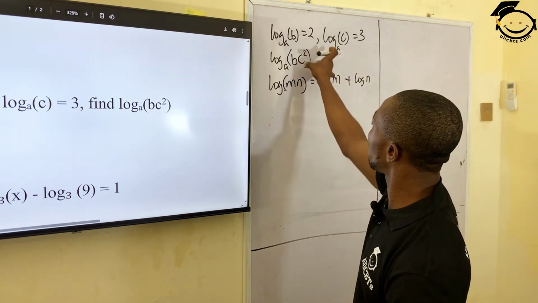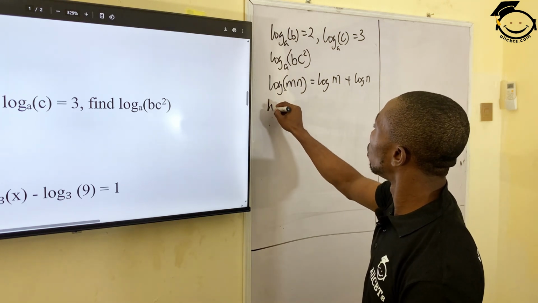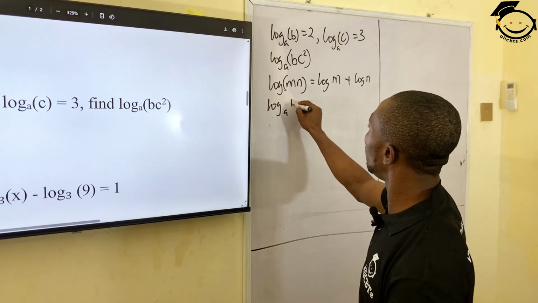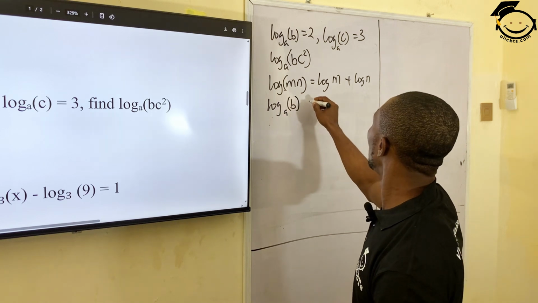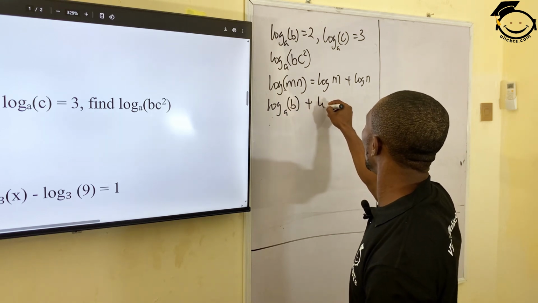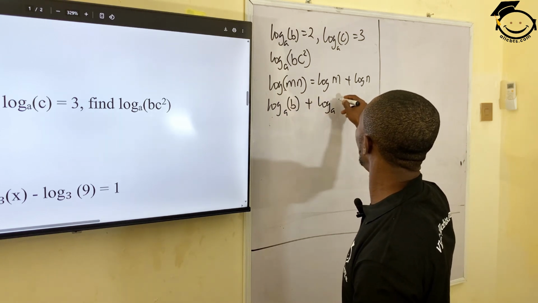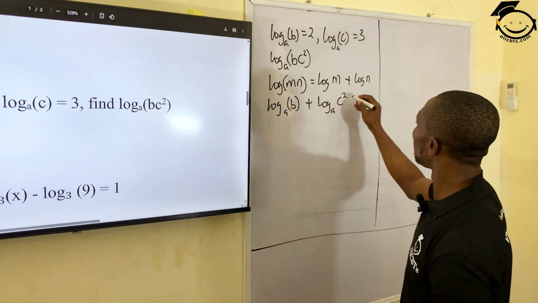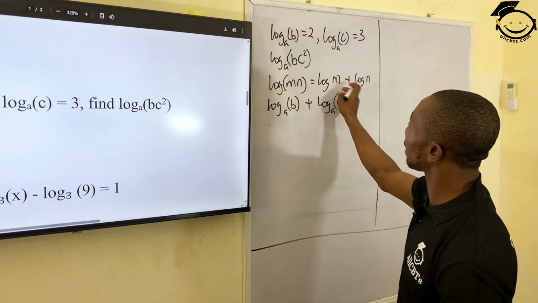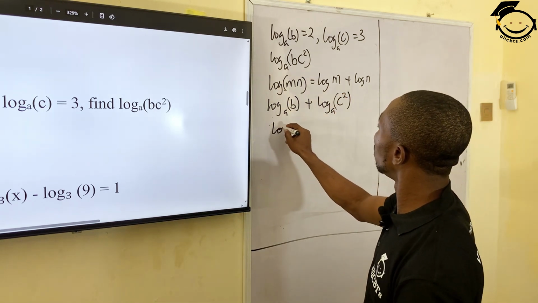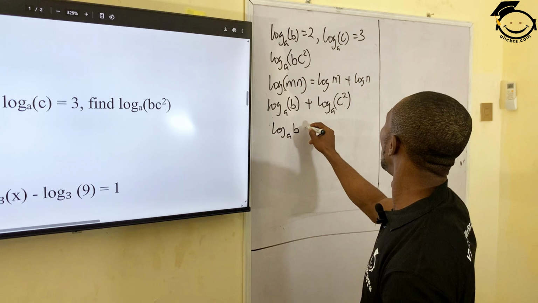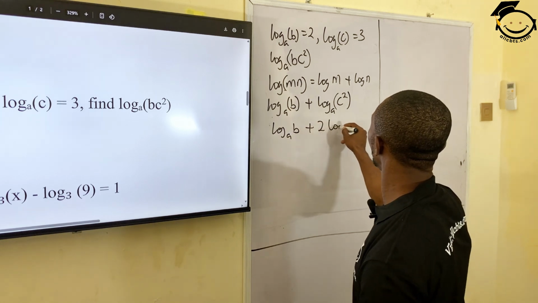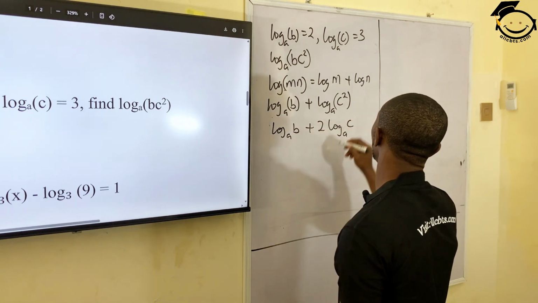Applying this here, we have log AB plus log AC squared.